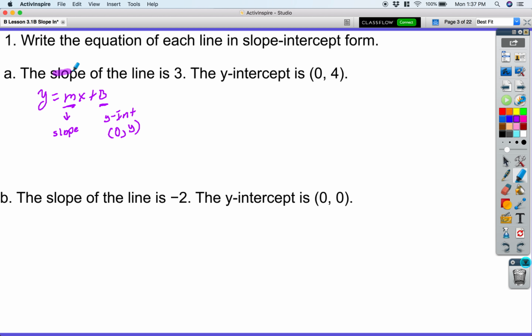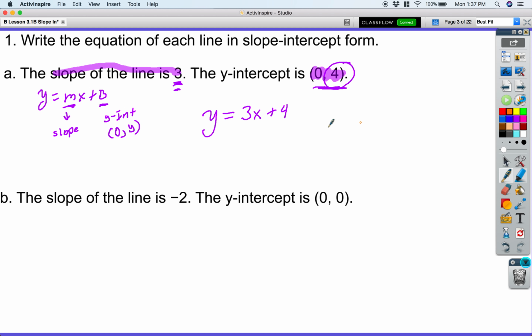It says the slope of a line is 3, and it has a y-intercept of (0, 4). Well, good news, it tells us what my slope is. It's 3, that's the m value, that's the coefficient of x, and it tells us what my b value is, which is this 4. So my equation would be y equals 3x plus 4, because it has a slope or rate of change of 3, and I am adding 4 to it. That's my starting value. Okay?